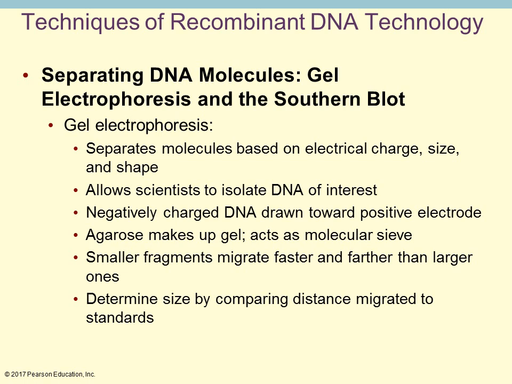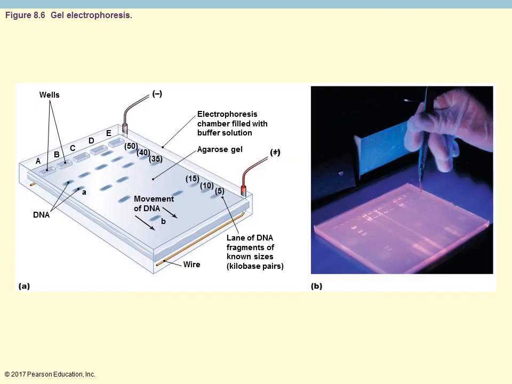You add your samples at one end of the gel, and then you hook it up to an electrical current. And it's going to flow from one end, usually the negative, down to the positive end. Because it's moving through this gel-like structure, the larger the size, the slower it's going to move. The smaller ones move faster. So you can get a relative idea of size and comparisons by looking at this.